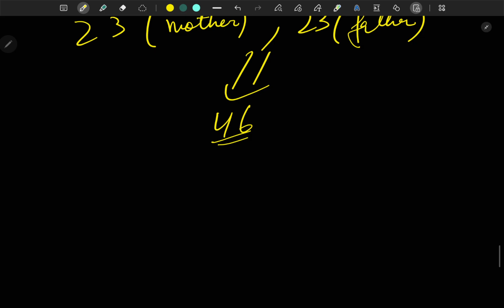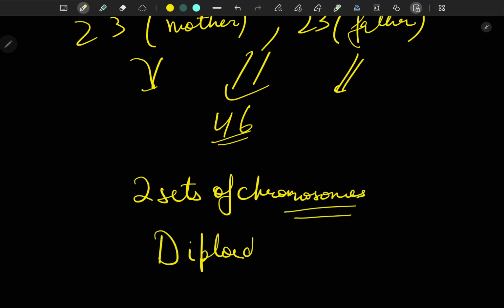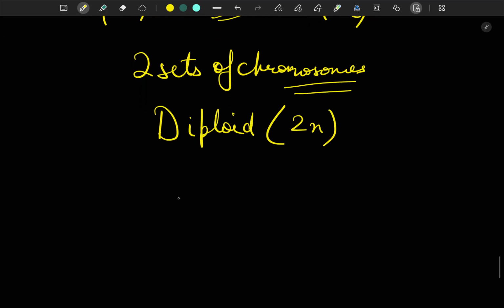This means our body cells have two sets of chromosomes, one from the mother and one from the father. This is called diploid, which means 2n. n chromosomes from the mother and n from the father, so n plus n is 2n. In humans, 2n equals 46, and for each set, n equals 23.